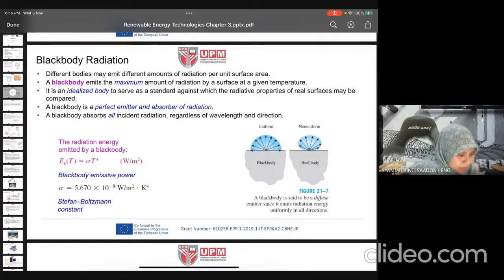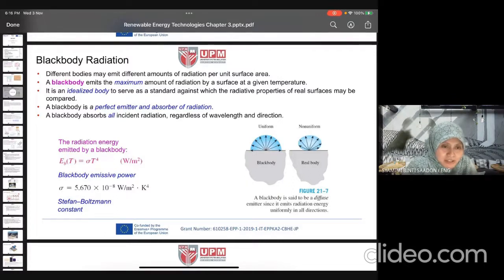The radiation energy we write as E, with subscript b for the black body. It depends on the temperature of the source that transmits the energy. If the source is the sun or a light, it depends on the temperature of that source.